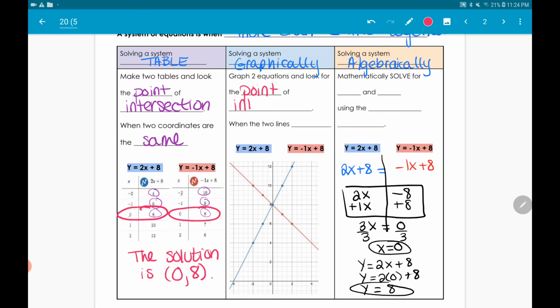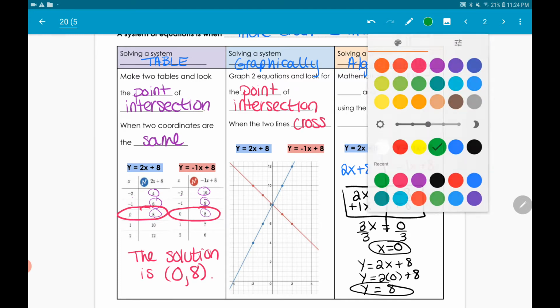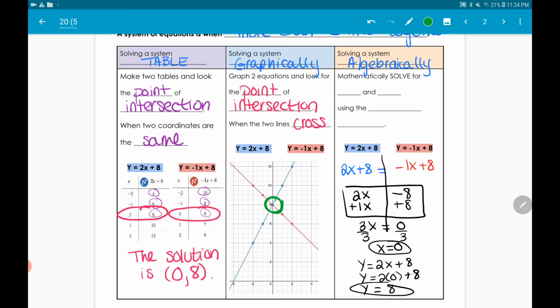Okay. On a graph, we're also looking for the point of intersection. But that means something different. I mean, it looks different when it's on a graph. All right, that's where the 2 lines crisscross. So here, I should see them cross, and I do. And that coordinate is 0, 8. So again, the solution is 0, 8. All right, and then lastly, we solved it mathematically for x and y using our solving square.